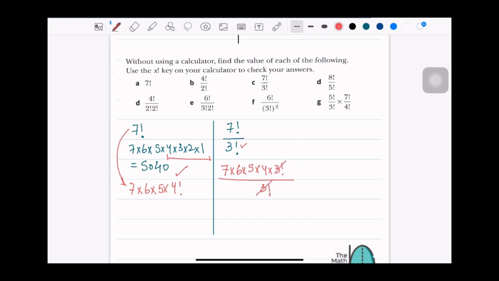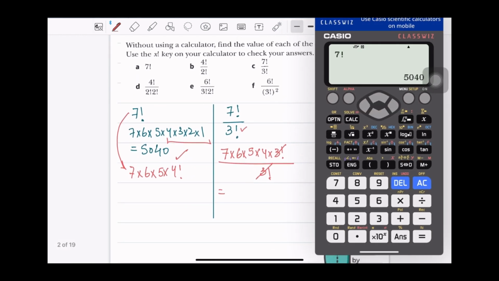Hence the answer is 7 times 6 times 5 times 4. Again, if you want to use your calculator, write 7 factorial over 3 factorial, and you get 840.